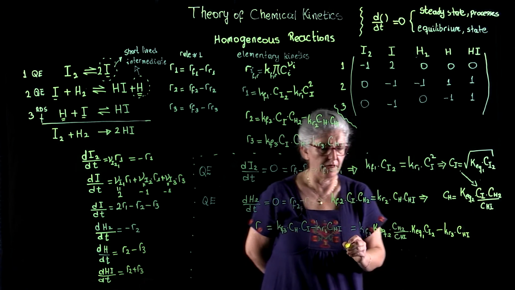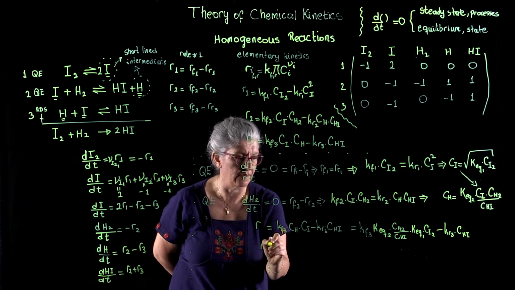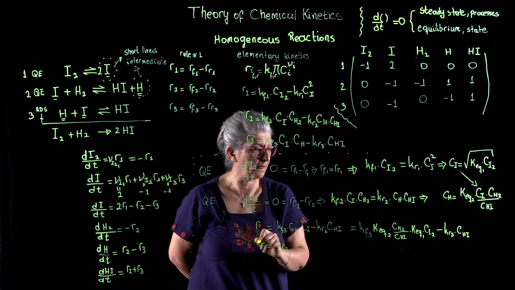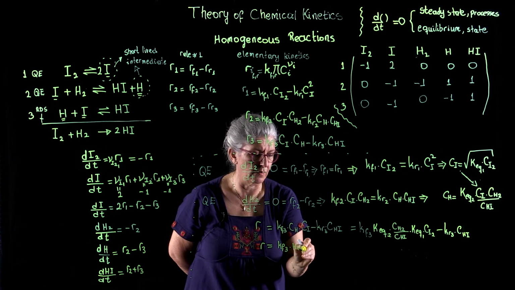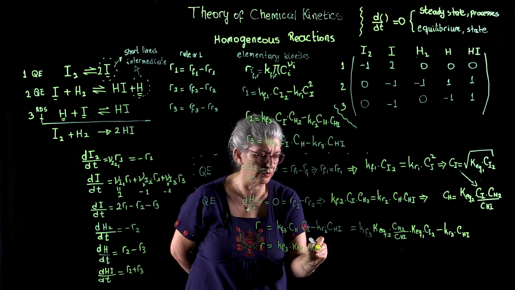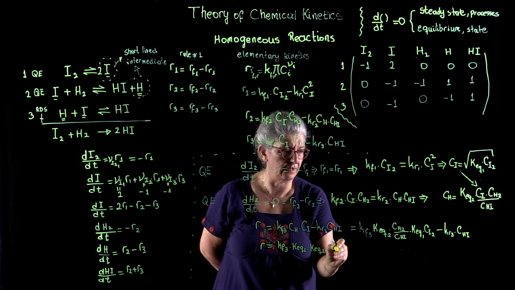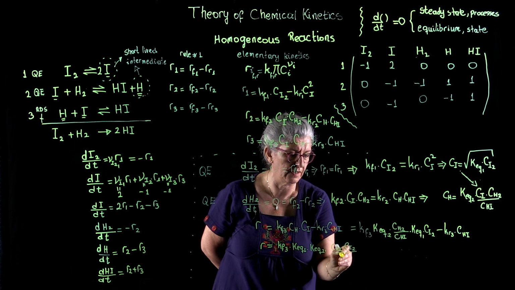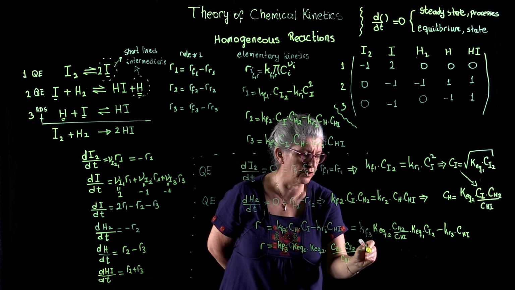I will do a little bit of cleaning of the algebra. We have K forward 3 times K equilibrium 1 times K equilibrium 2 times C_H2 times C_I2 divided by C_HI minus K reverse 3 times C_HI.